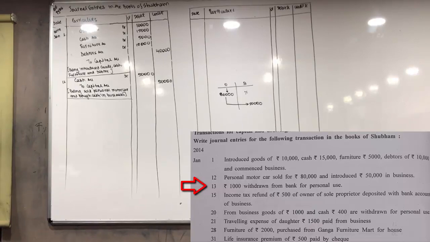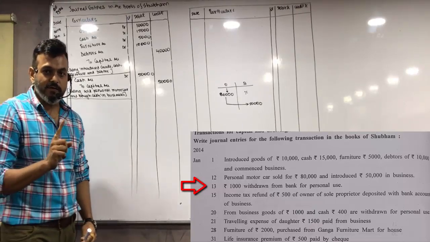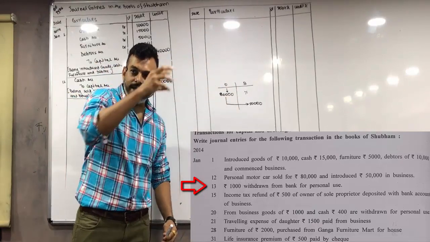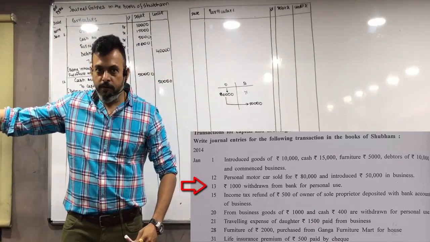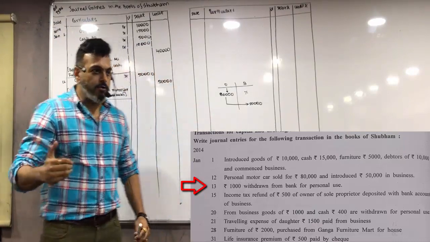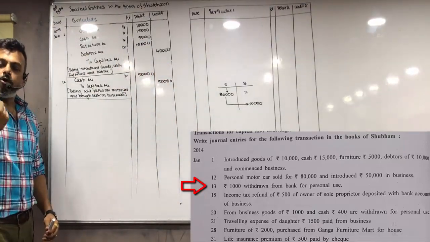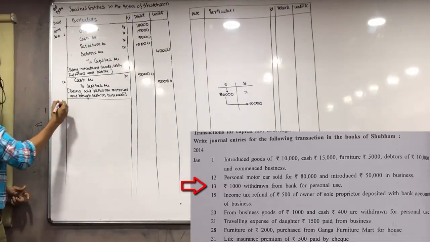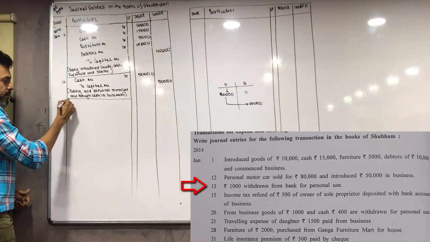1,000 withdrawn from the bank for personal use. So owner went to the bank, took the money directly to his home. So from the business's bank account money is going out. So bank is the giver. Who is the receiver? Owner is the receiver. So transaction number 13.